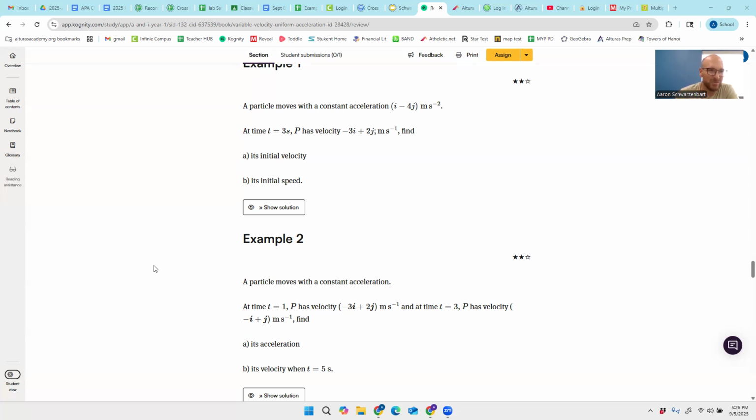I'm going to start by writing out our knowns and unknowns. We have a equals i plus 4j hat meters per second squared, which in matrix notation is 1, 4.